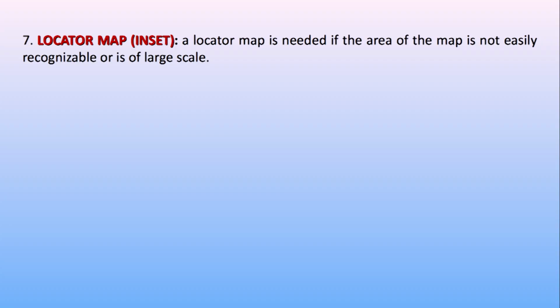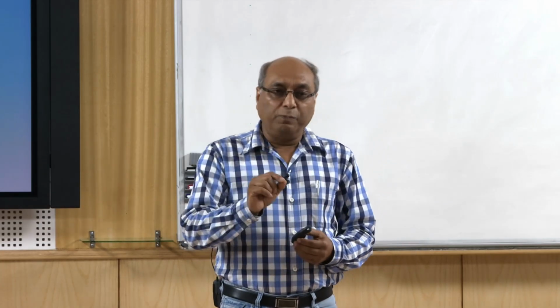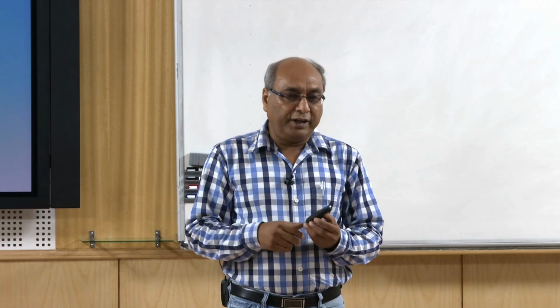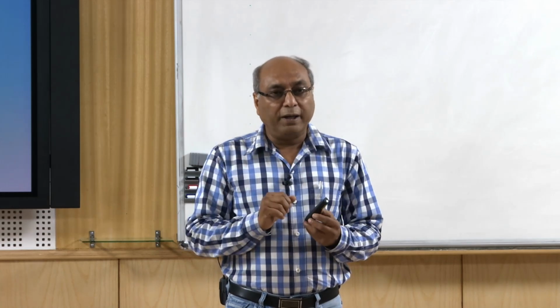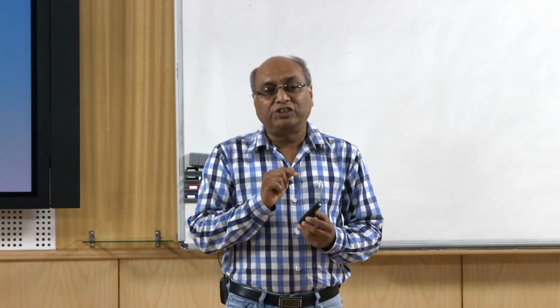Now a locator map, or location map, is also sometimes given, mainly in publications, say a map of India. In a small study area, say part of Uttarakhand, somewhere in your bigger map you should have an inset where the map of India is shown, just the boundary or maybe the boundaries of different states of India, and within that your study area, say within Uttarakhand, maybe a square, rectangular, circular or whatever area.